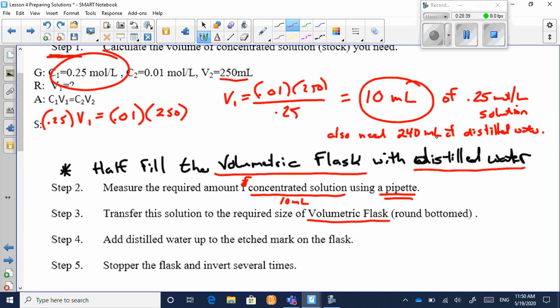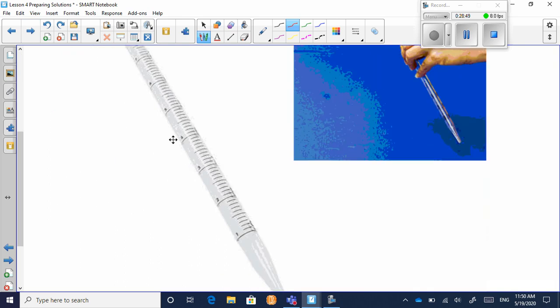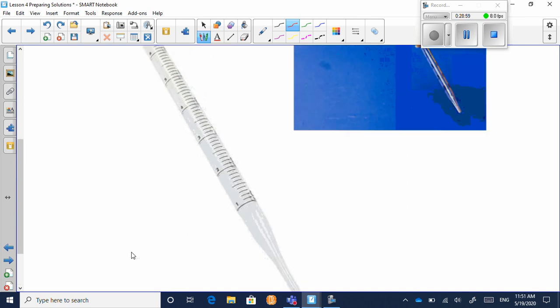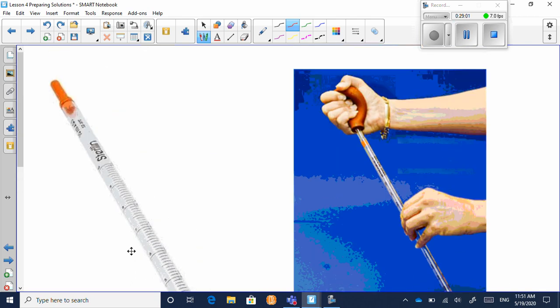You're going to stopper it just like you did the first time, invert it several times, and now you'll have your new solution. Okay, so here it is. I'll include the video in the lesson on D2L, a short video that will walk you through how to do a dilution using exactly these techniques.